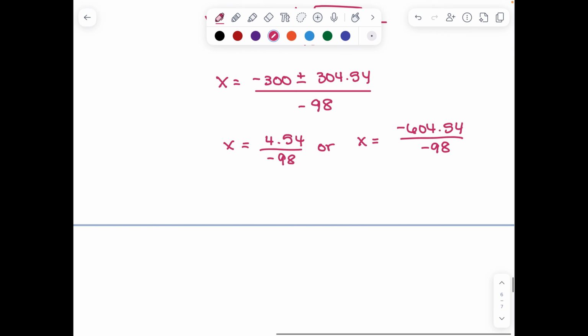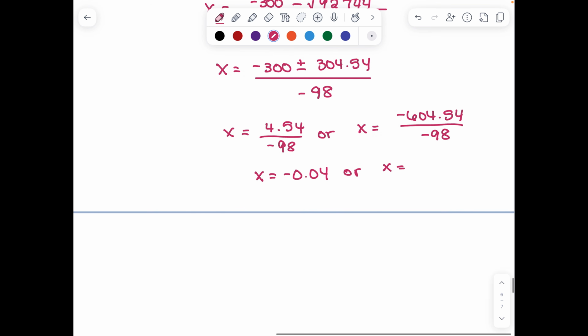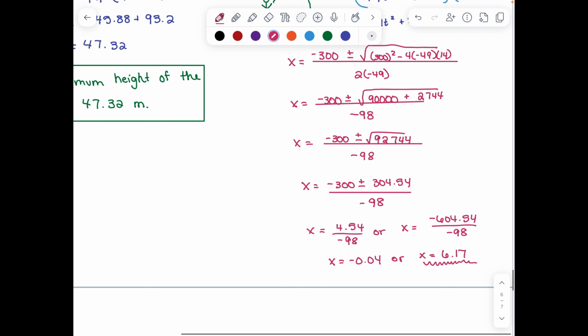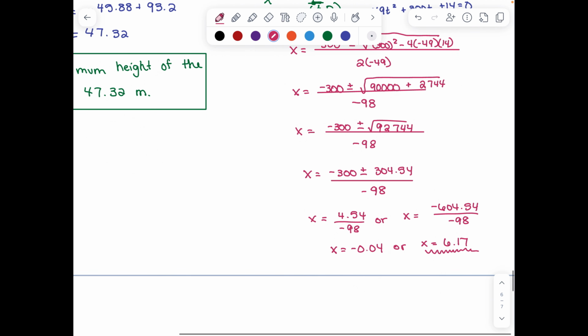So this first one ends up giving me x equals negative 0.04, or x equals 6.17. So x equals 6.17 is going to be our answer. We can't have negative amount of time. So this tells me that the ball is in the air for approximately 6.17 seconds before it hits the ground.